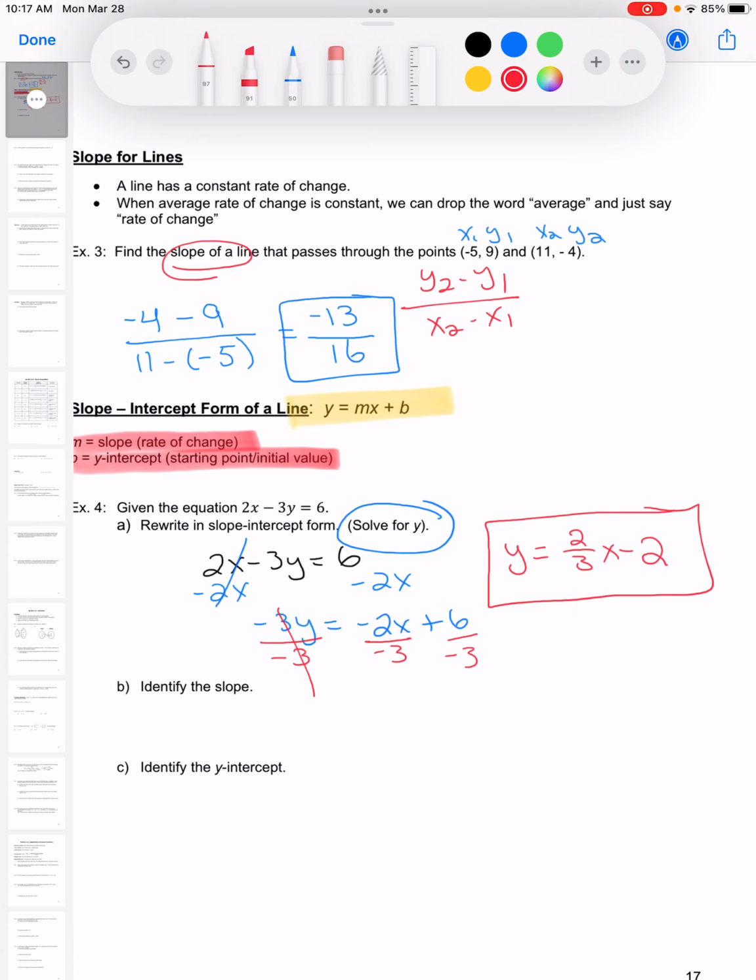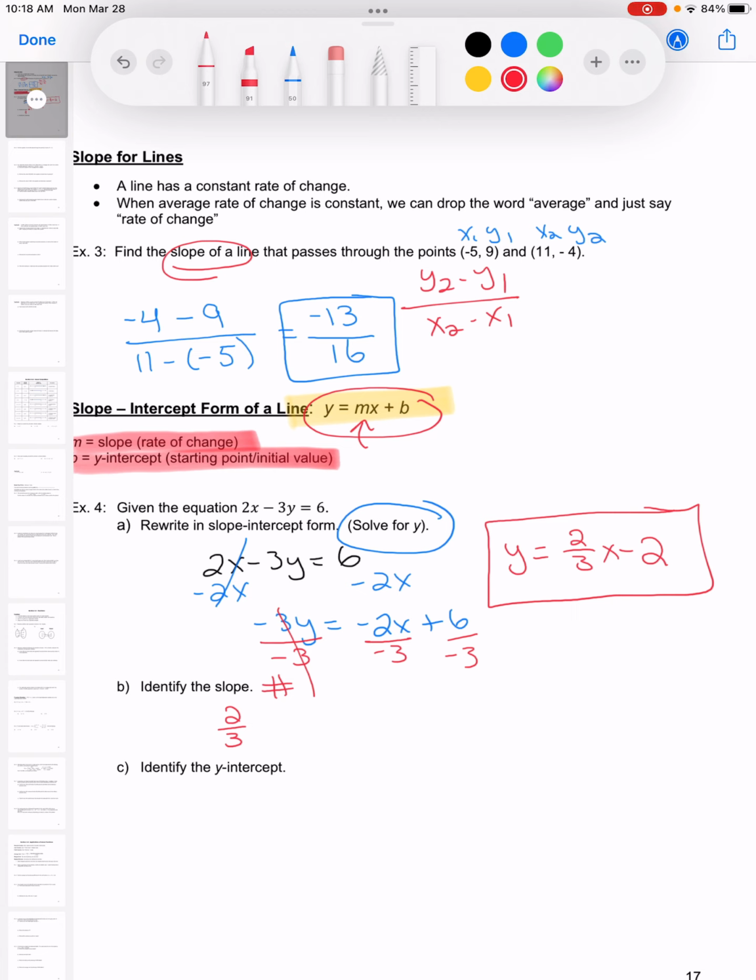Part B asks to identify the slope. The slope is just a number, no letters with it. So the slope is just 2/3. It is the number that is touching x. It's mx plus b up here. So the slope is just m, so don't include the x there. The y-intercept is the point on the graph that touches the y-axis.